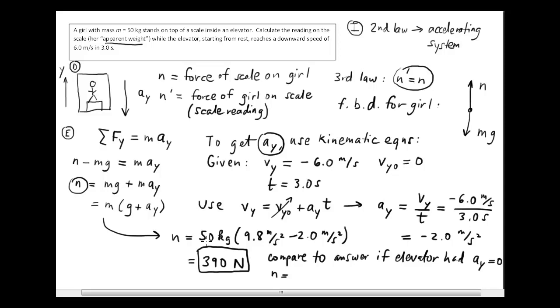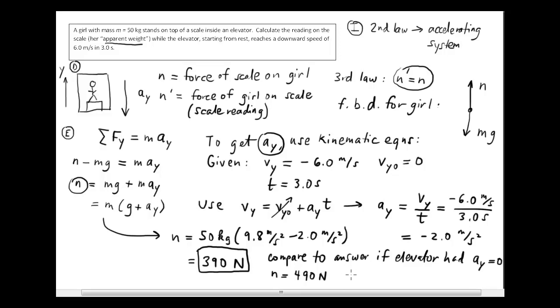There would be no acceleration, so 50 times 9.8 gives 490 newtons. So you can see that her apparent weight, if the elevator is accelerating downward, is smaller than what her normal weight would be if the elevator were not accelerating. And I think that makes sense.